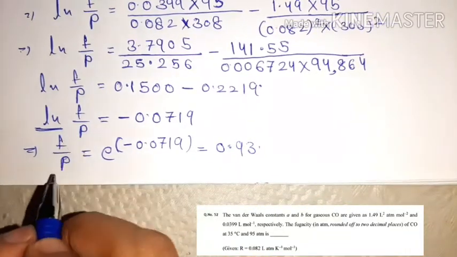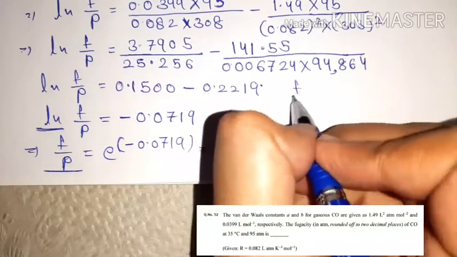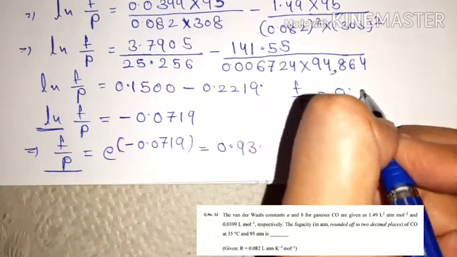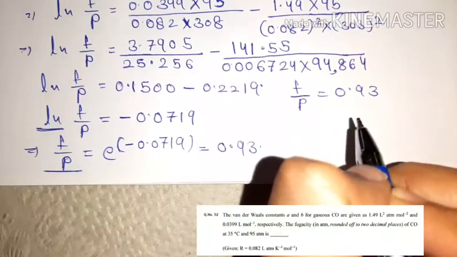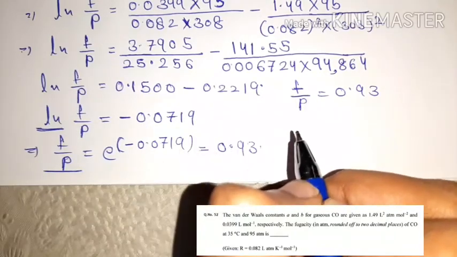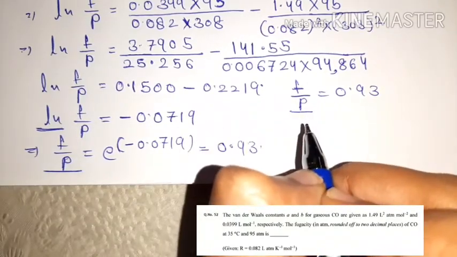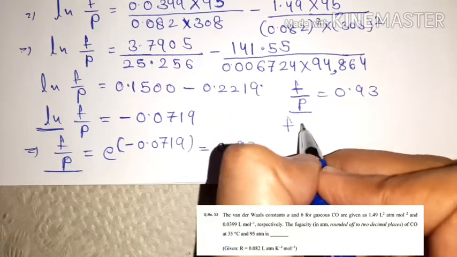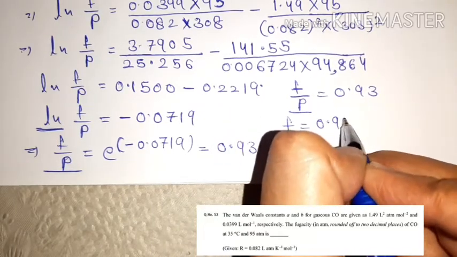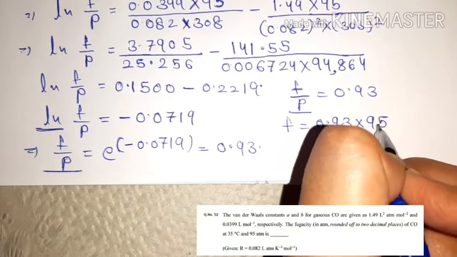So friends, F by P is 0.93, but according to your question, you should find the value of F, that is fugacity, and the value of P is 95 atm. So your value of fugacity is 0.93 into 95 atm.